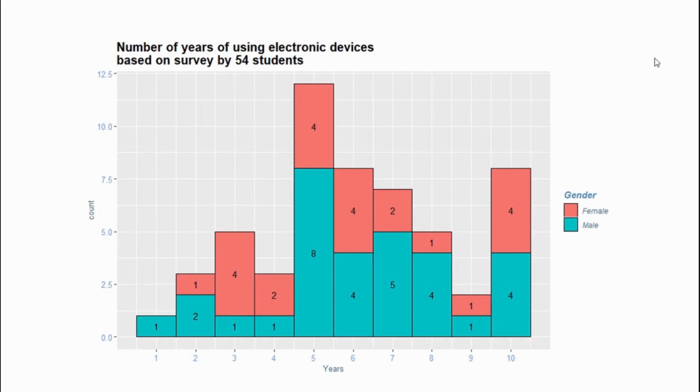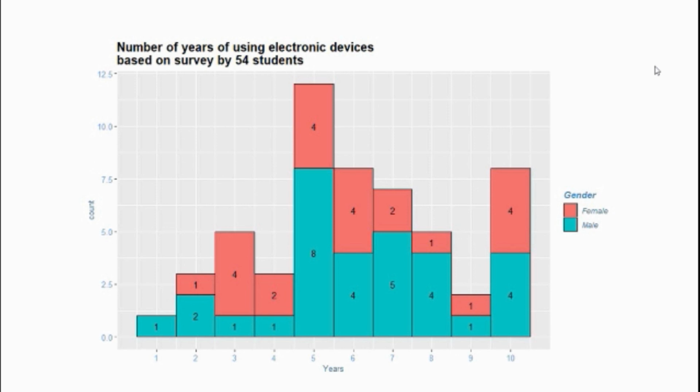And finally, we can move on to our bar graph of the number of years using electronic devices. This is in total of our 54 participants, and it is color coded. The pink ones are for our female participants and the blue ones are for our male participants.